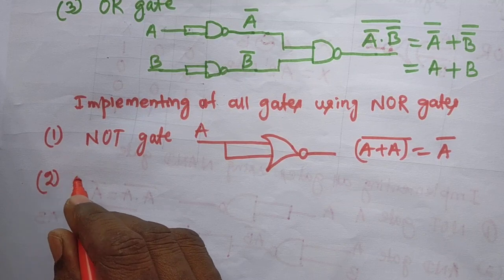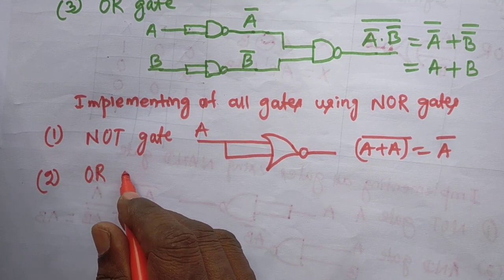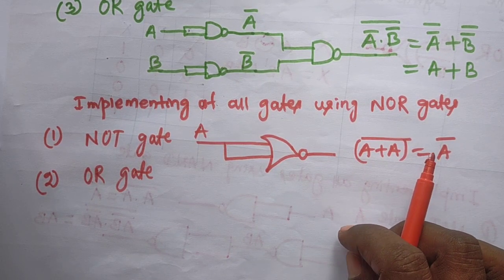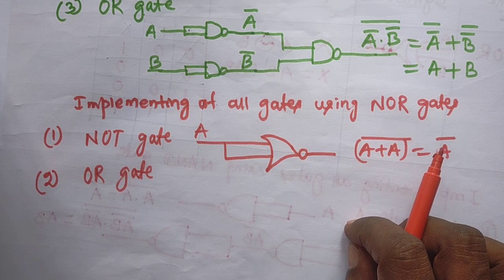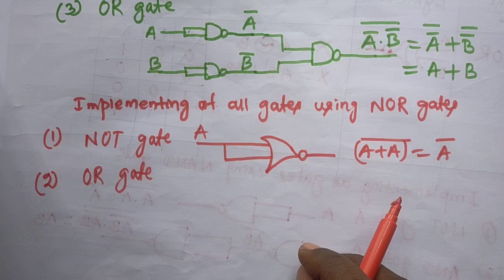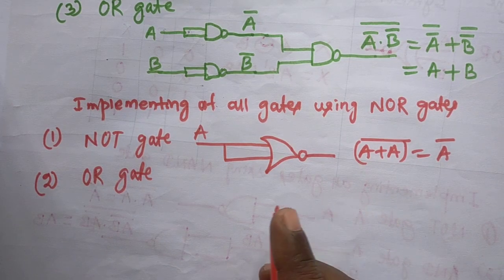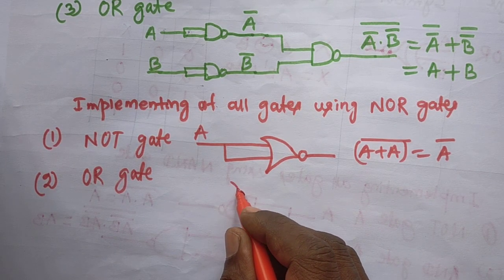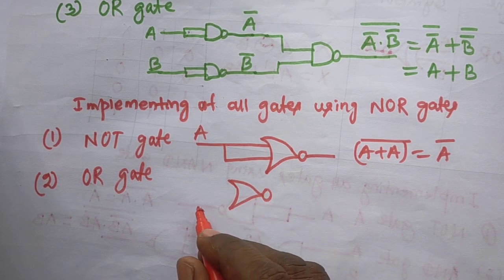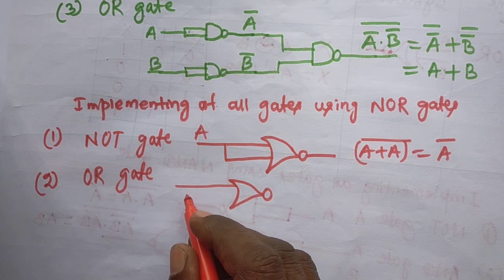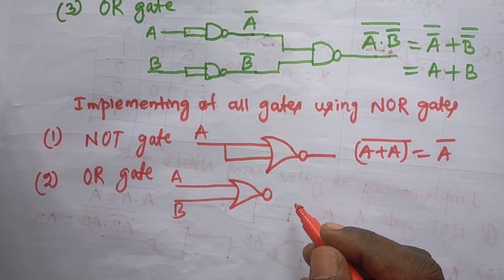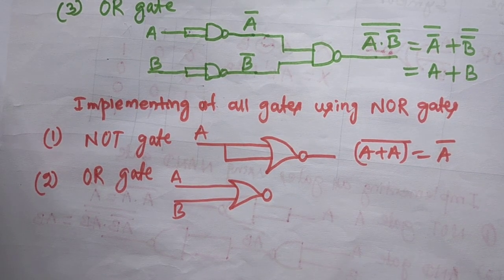Next, that is an OR gate. Okay, means a NOR gate, NOR gate we define in this way. Very simple way. Same thing, NOR gate use. So since it is OR gate, two values A and B, we will provide A and B values.